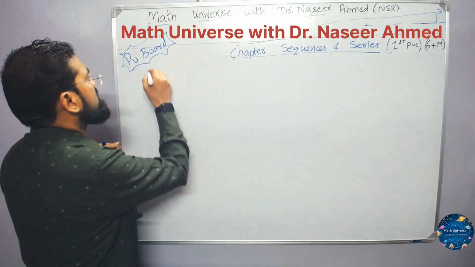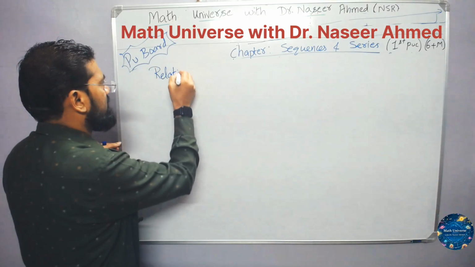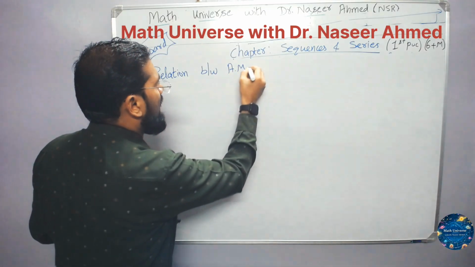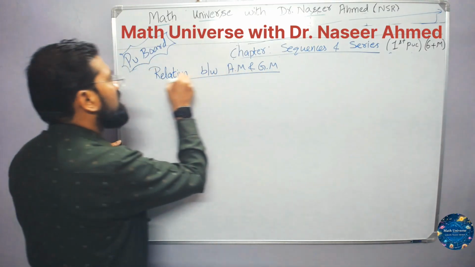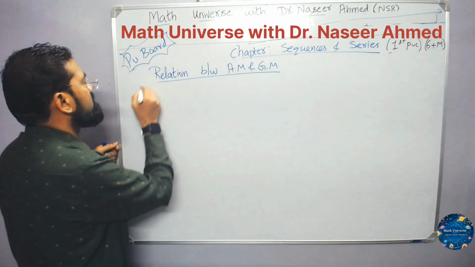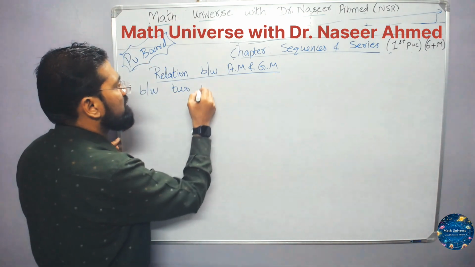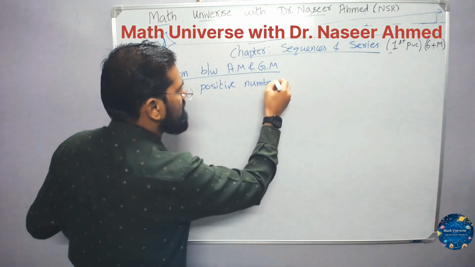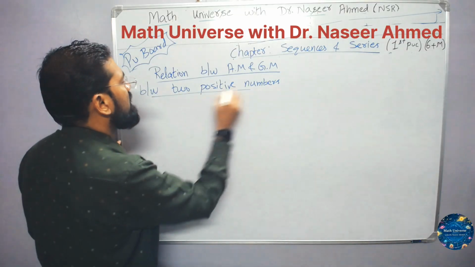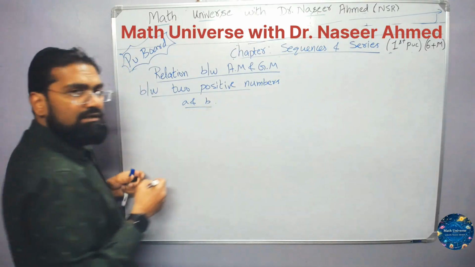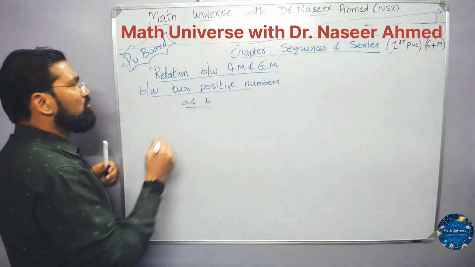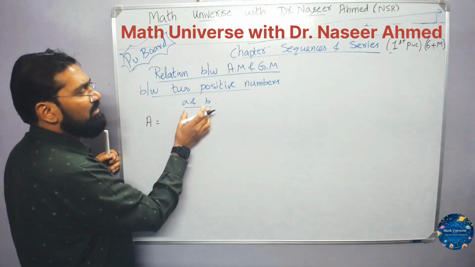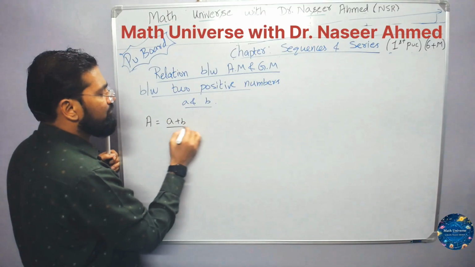This will be our last concept, relationship between arithmetic mean and geometric mean, between two positive numbers A and B. See, from school days, we know that coming to arithmetic mean, if I take arithmetic mean as capital A, the arithmetic mean between these two numbers is A plus B by 2, equation number 1.